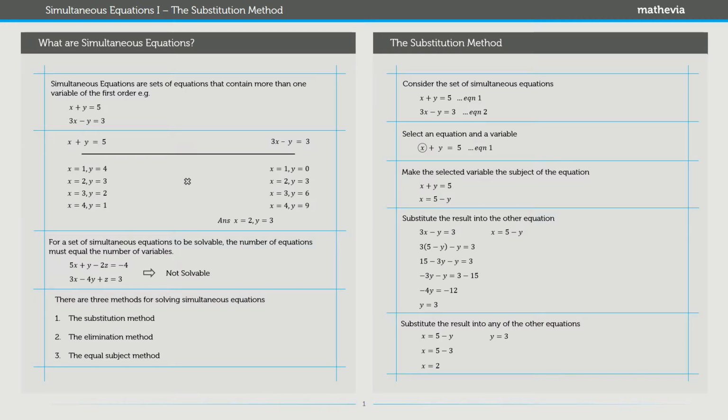So let's go over it again. We have a set of simultaneous equations: x plus y equals 5, 3x minus y equals 3. We labeled them equation 1 and equation 2. The first thing we did is select an equation and a variable. We worked with equation 1, and our variable was x. Then we made x the subject of the formula in that equation.